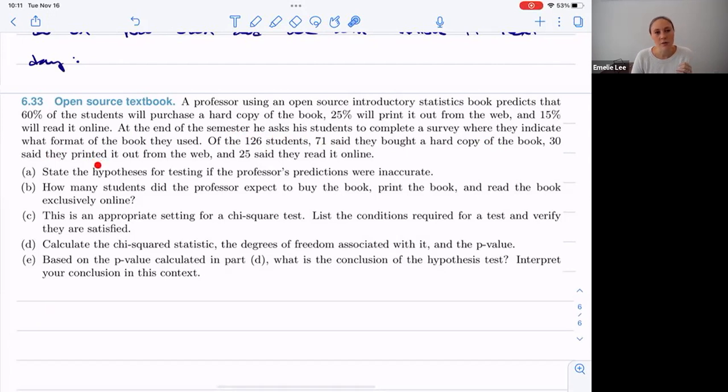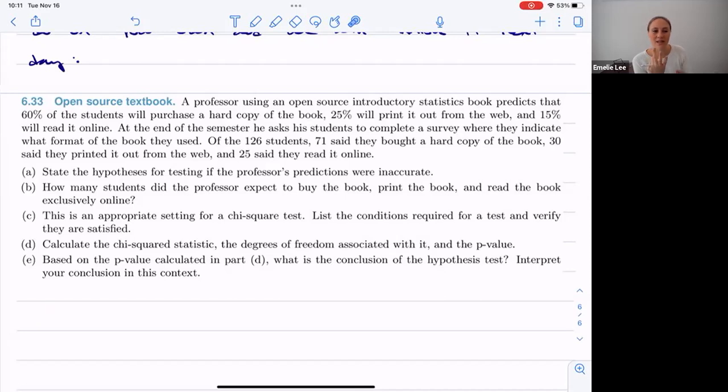Okay, so we're going to have expected counts, and then we're going to have observed counts, right? And so now when we talk about 60% will purchase a hard copy, 25% will print it out from the web, and 15% will read it online. That's 3 categories, right?